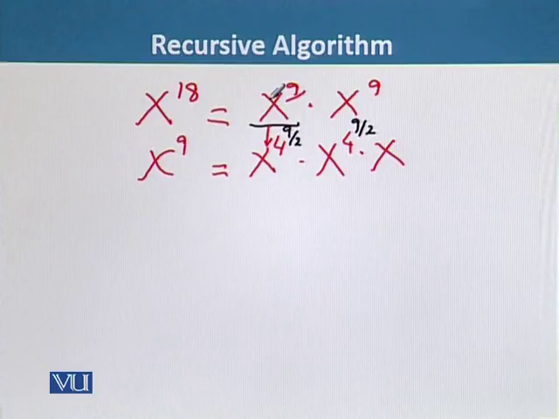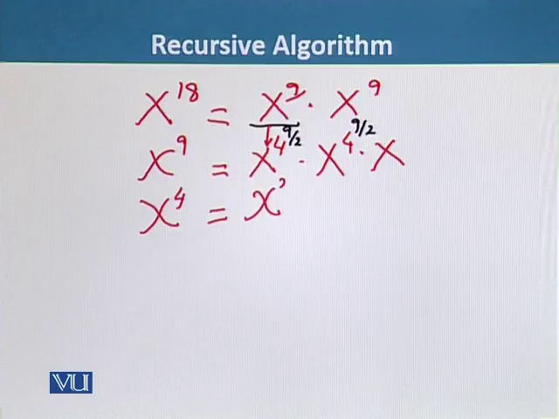If we keep on doing this recursive methodology, we will further divide x^4 into two parts, because 4 is an even integer. We can divide it into two equal halves. Again the strategy is the same. Here it is 4 by 2 and here it is 4 by 2.